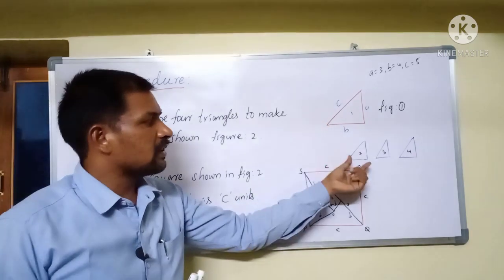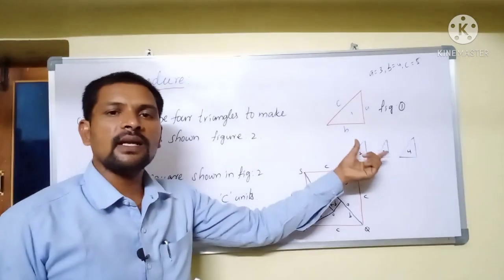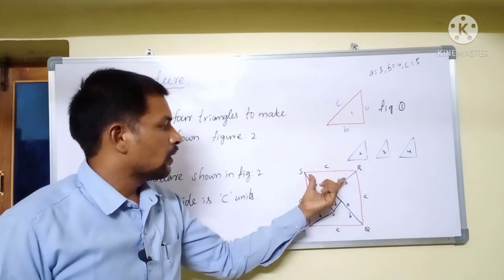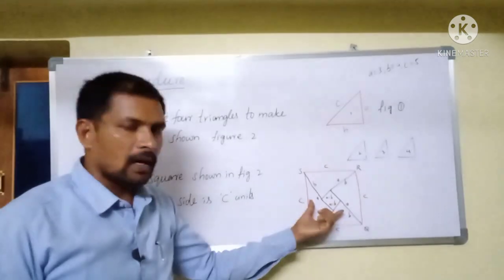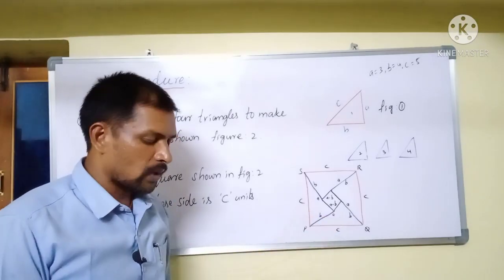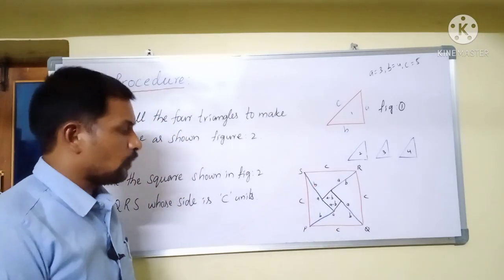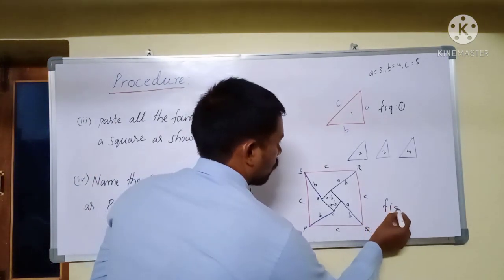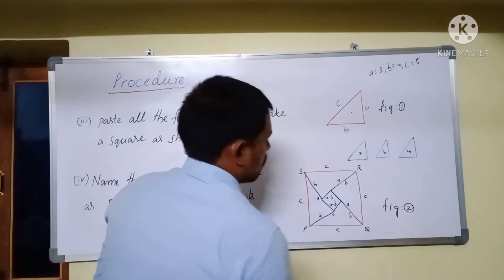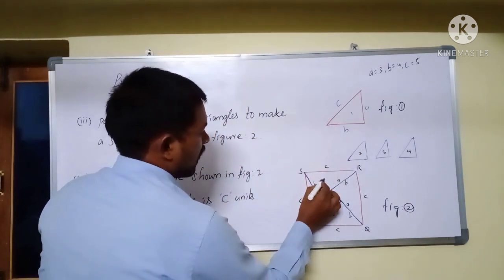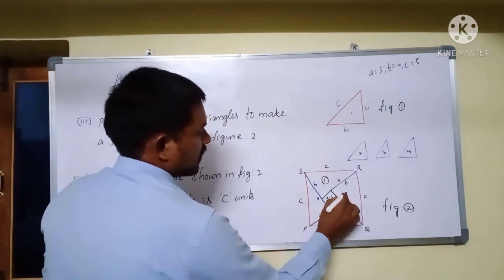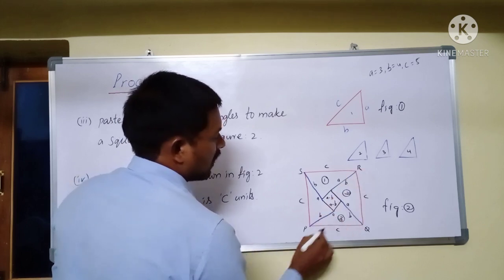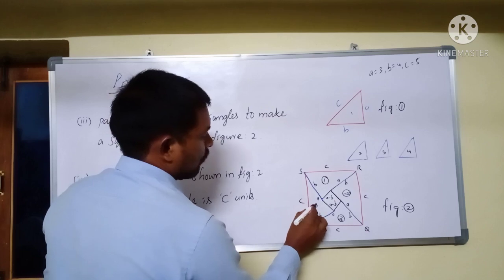If you arrange these 4 different colored right angle triangles into a square, it will look like figure number 2. Suppose this is right angle triangle 1, this is right angle triangle 2, this is right angle triangle 3, this is right angle triangle 4.